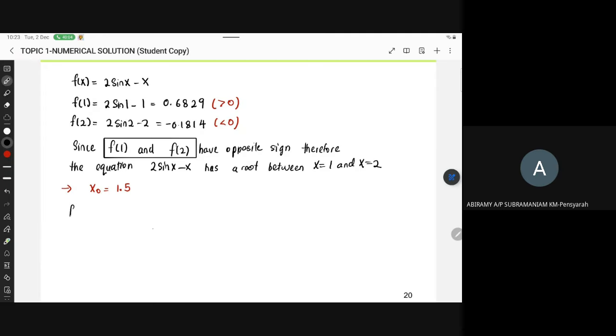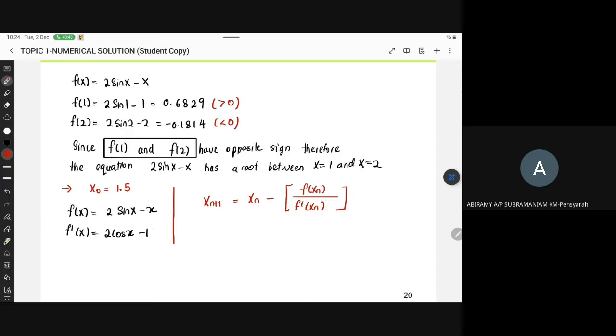Step 2, you need to differentiate your f(x). Okay, 2 sine x minus x, you need to find f prime x. So f prime x will be 2 cos x minus 1. Make sure you find the correct f prime. Next, we are going to use Newton-Raphson. So make sure you know the formula of Newton-Raphson: x(n+1) equals to x(n) minus f(x(n)) divided by f prime x(n).